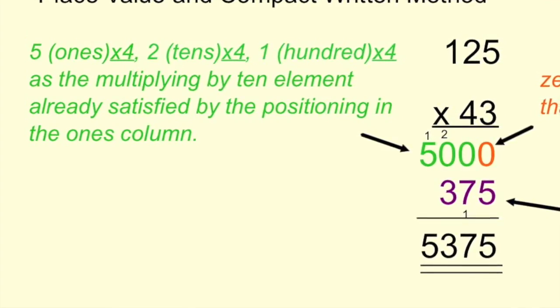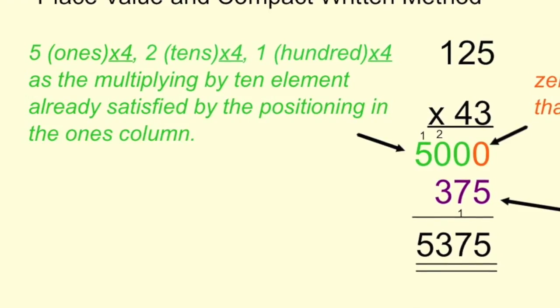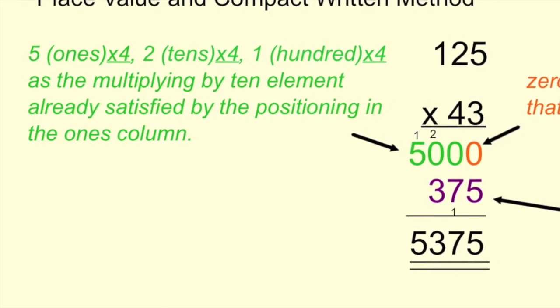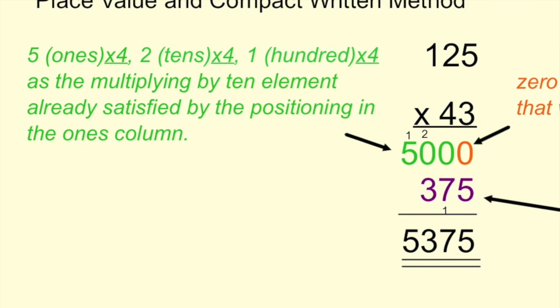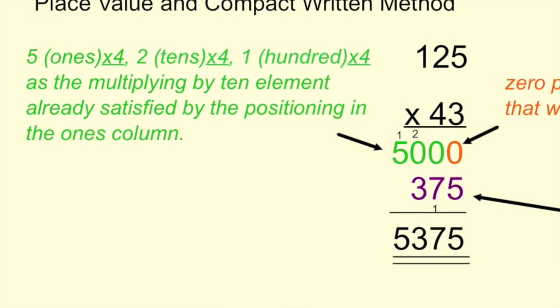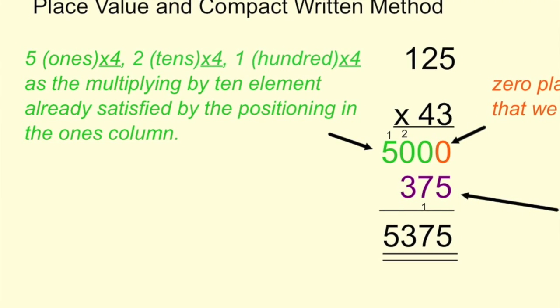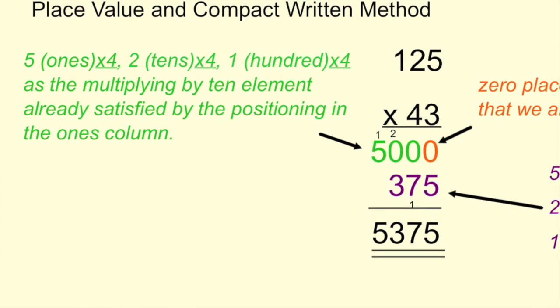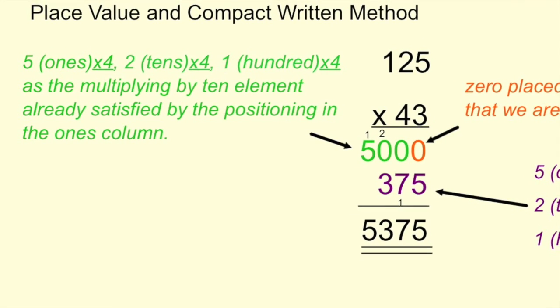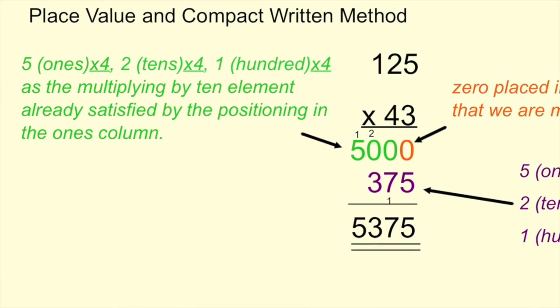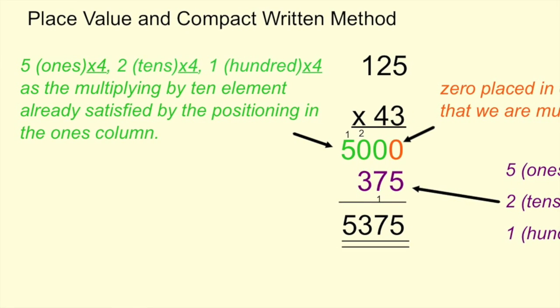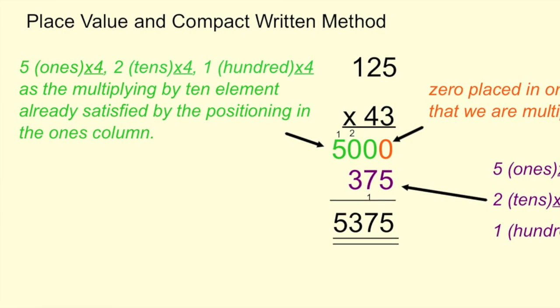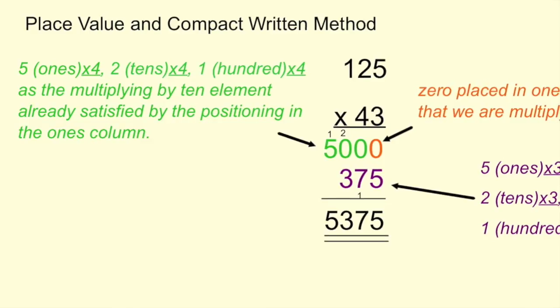So we start by 5 in the ones column times 4, 2 in the tens column by 4, and 1 in the hundreds column by 4, adding in the various carries at the different stages. So that gives us our first line of 5,000.